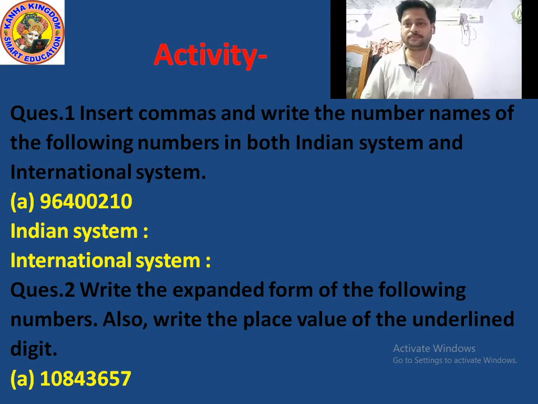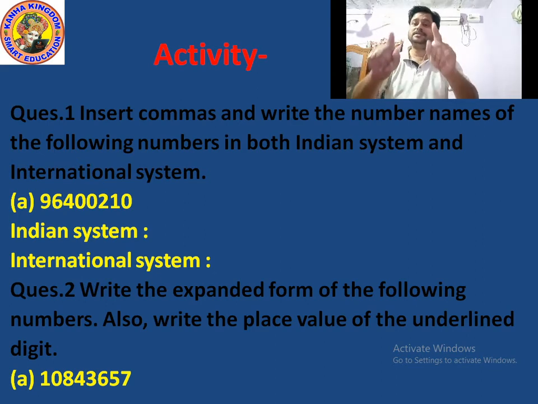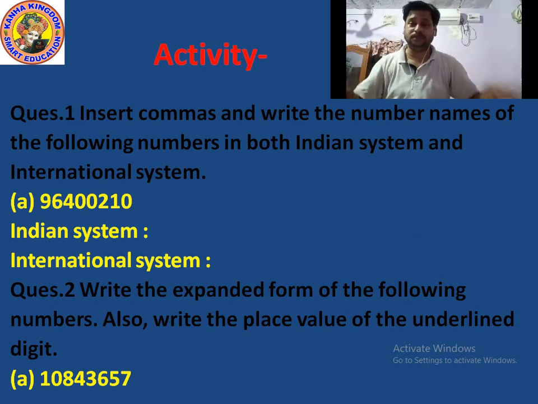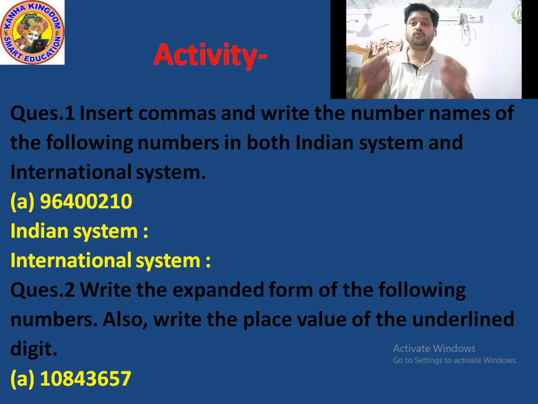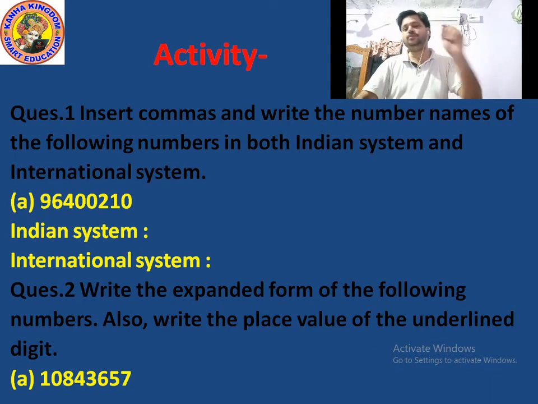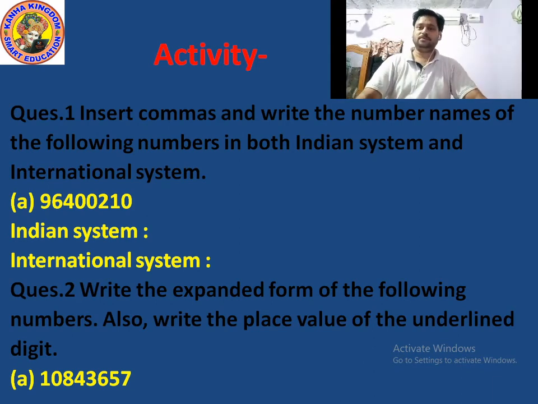Is it clear? What you have to insert is already mentioned in the question. I will not tell you. Now that you know that, it is very easy to say it in words.